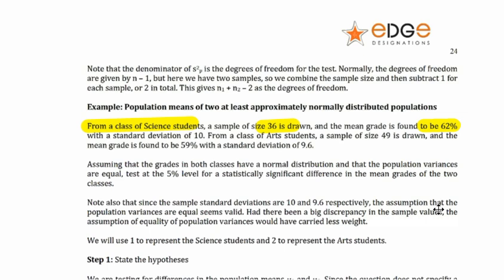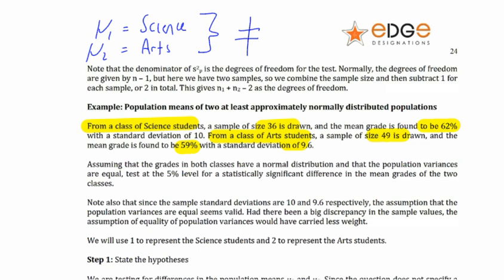From a class of art students, sample size 49, and the mean grade is 59. What am I trying to prove over here? Now here are my 2 means. So my mean number 1 is the results from the science students, and my mean number 2 is the results from the art students. And what I'm trying to prove over here is that the 2 means are not equal.